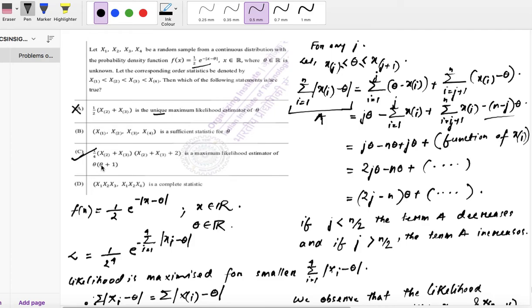Now let's check option B. For B, it is told that the whole order statistic is sufficient for theta.